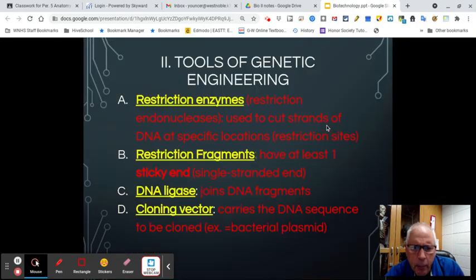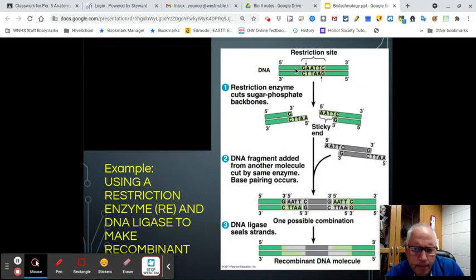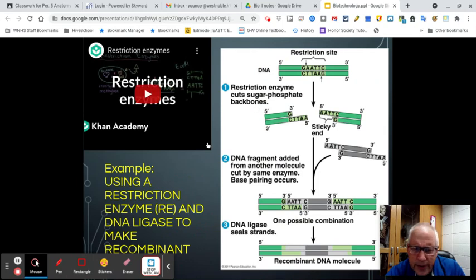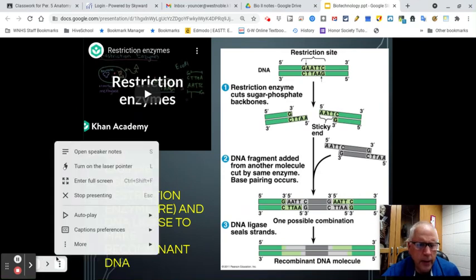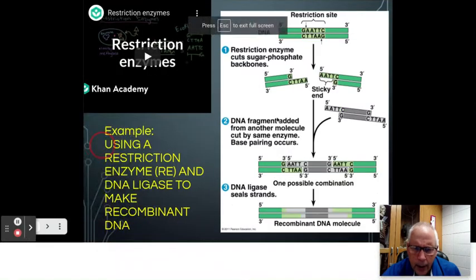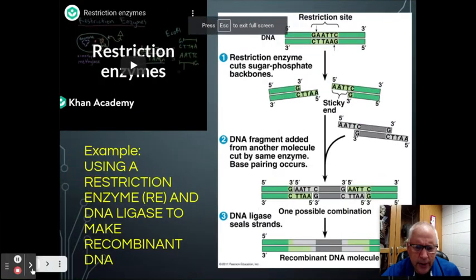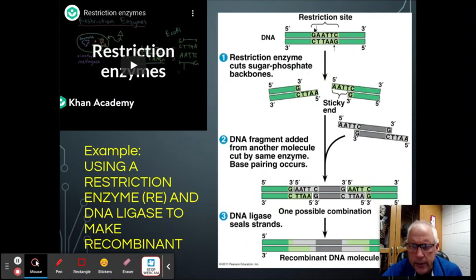I'm more concerned about what these sticky ends are, and how they work. I think that's the tricky part: how do these restriction enzymes work? Well, what they do is they find this palindromic sequence and cut it, and you saw that.